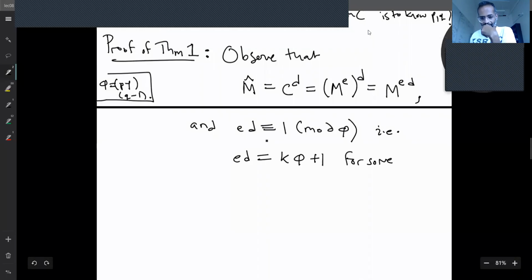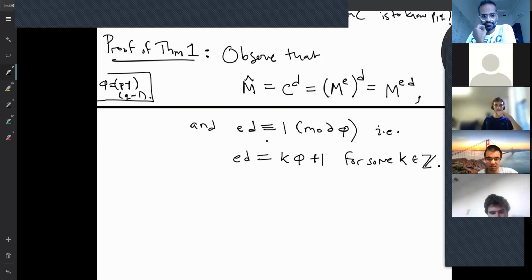for some integer k. That's just a definition of congruence, right? And then phi is p minus 1 times q minus 1.